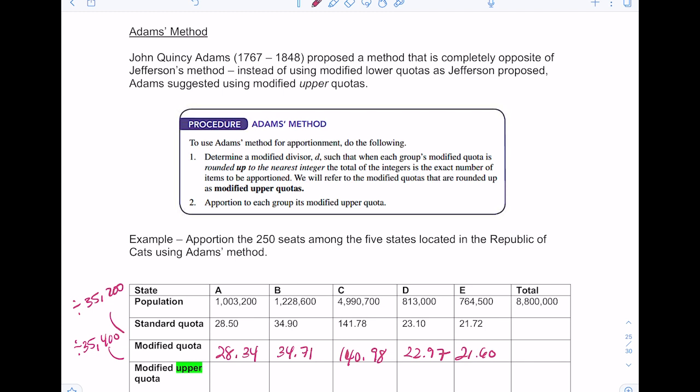For Adams' method, we're going to find the modified upper quotas. So now we're going to round up to the next integer. So that's going to be 29, 35, 141, 23, and 22. And if you add those 5 numbers, you get exactly 250, which is what you want.